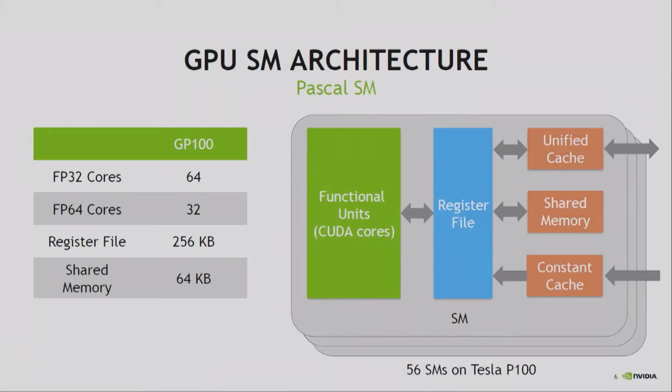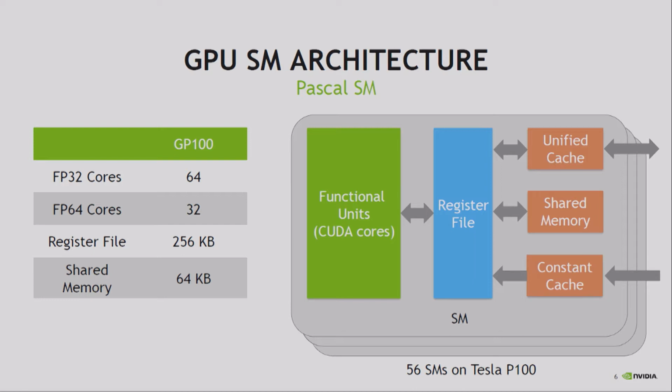Okay, so Kepler was introduced in 2014. Now, the next architecture was Maxwell. I'm skipping that, so I'm just going to go over Pascal, which is the one we announced, I think, last year. Maxwell didn't have any good double precision compute.